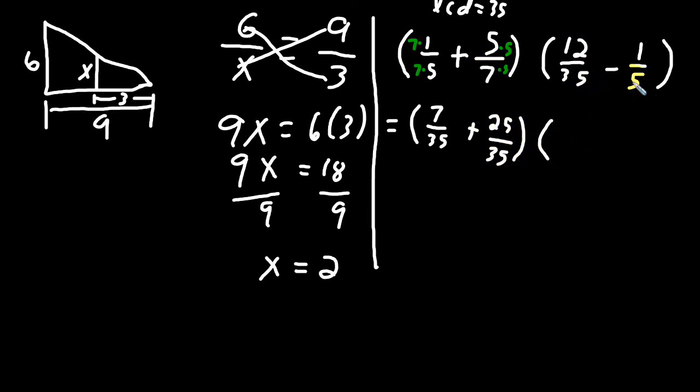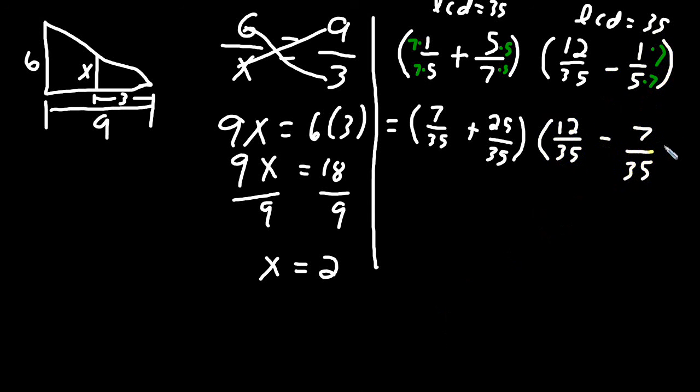Both of these numbers will go into 35, so the LCD is 35. So we don't have to do anything with the left fraction since its denominator is already 12 over 35. The right fraction, I need to multiply it by 7 over 7. And let's see, 7 times 1 will be 7. 7 times 5 will be 35.